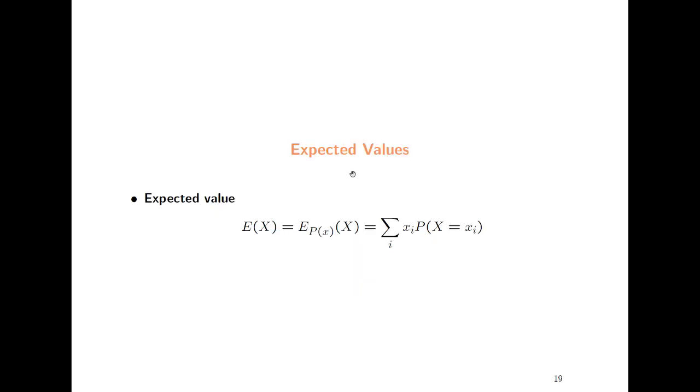Now I'm going through some further definitions, which will be important in the remaining parts of the lecture. There's something called the expected value, and it's something like the mean of this value. Explicitly, you're summing over the values of xi, and you multiply it with the probability that x assumes this value xi.